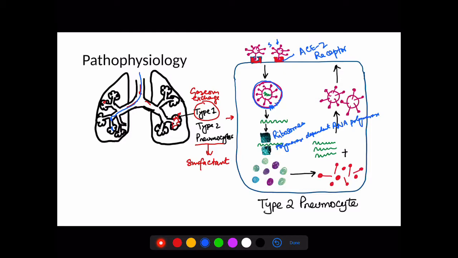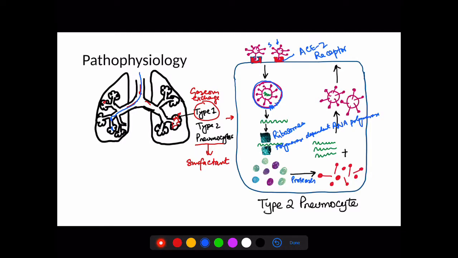And at the same time, this messenger RNA gives a message to the ribosome to make different types of proteins. These proteins, which are large proteins, are then acted upon by different types of proteases, which break them down into other types of proteins like the nucleocapsid, the envelope proteins, and other things.